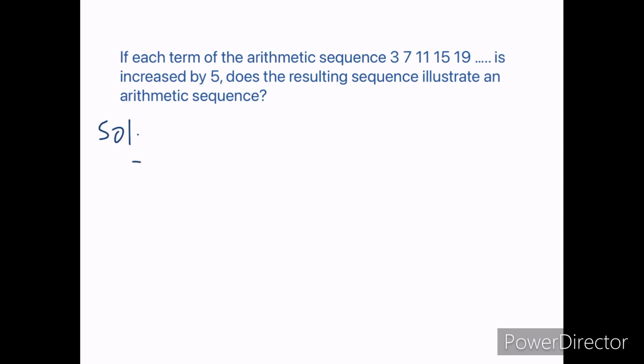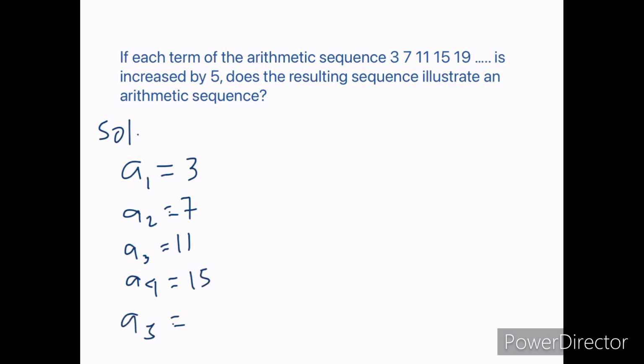Since our a sub 1 is equal to 3, a sub 2 is equal to 7, a sub 3 is equal to 11, a sub 4 is equal to 15, a sub 5 is equal to 19, then let's add 5 to each term. Plus 5, plus 5, plus 5.